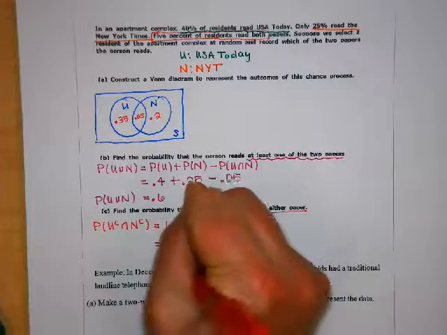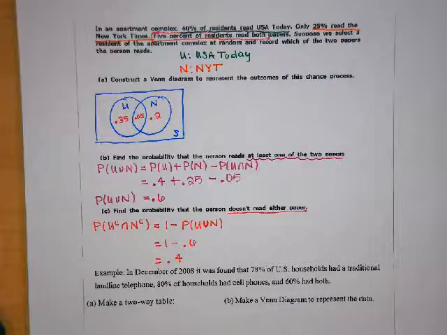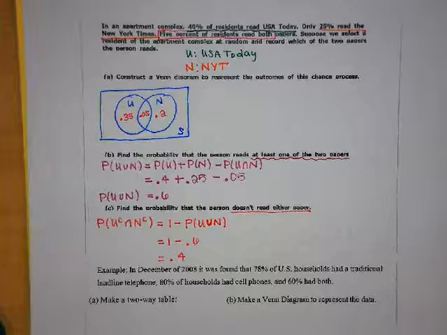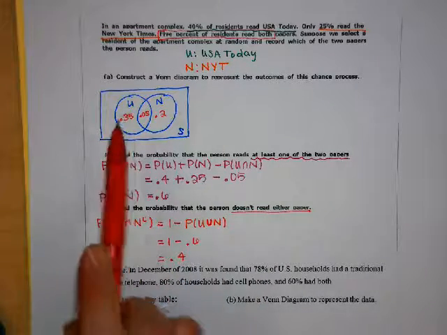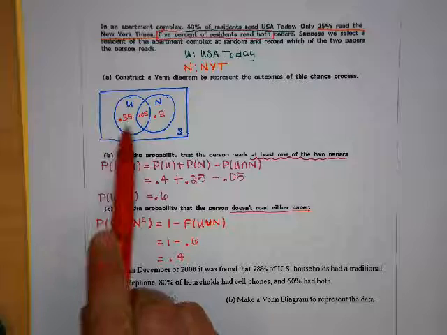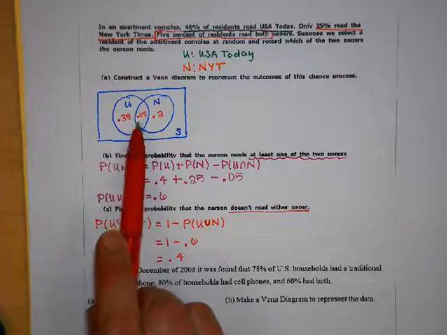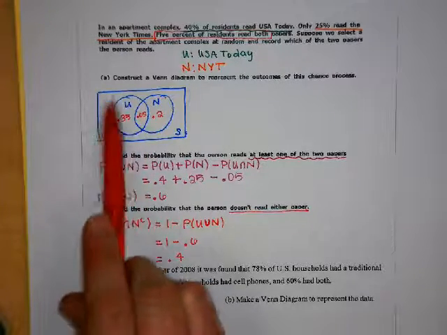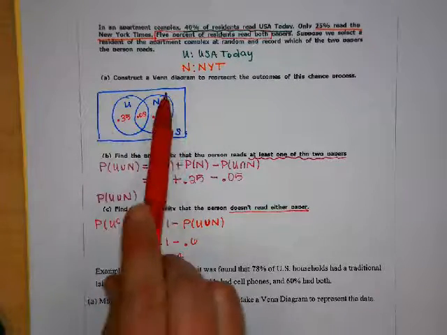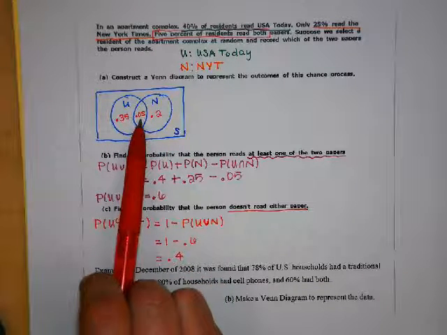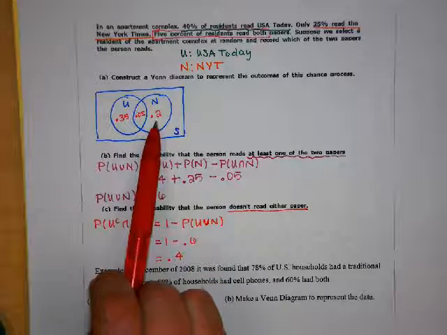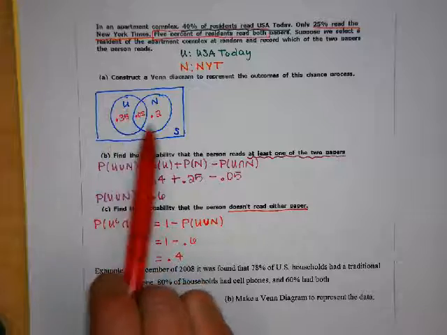Now, if we go back to our Venn diagram, not reading either paper would be all this stuff on the outside. So we had 0.35 and 0.05, that's 0.4, plus the 0.2 is 0.6. So we have 0.6 in the middle here, which leaves 0.4 to be outside here because our sample space has to add to 1.